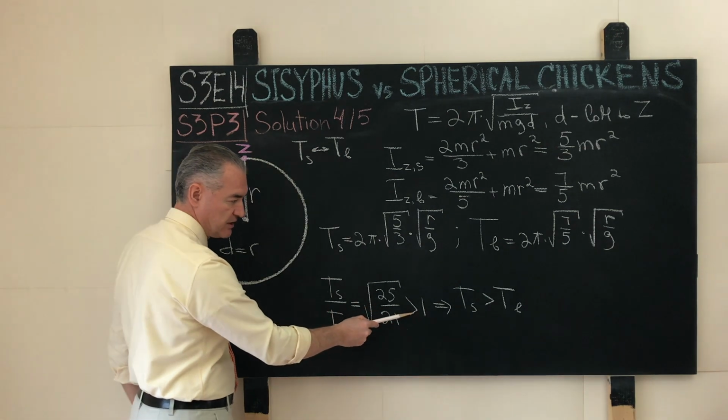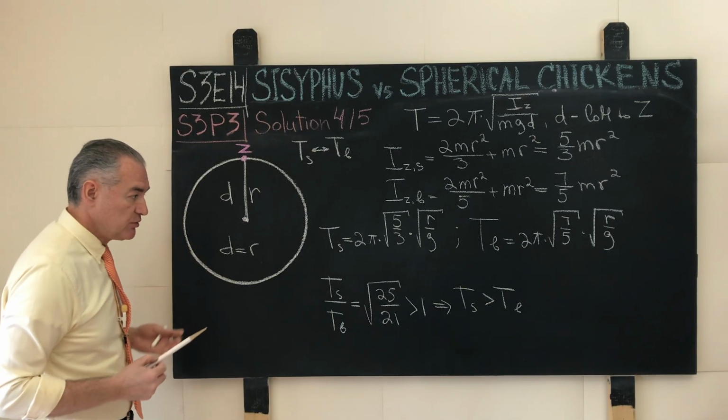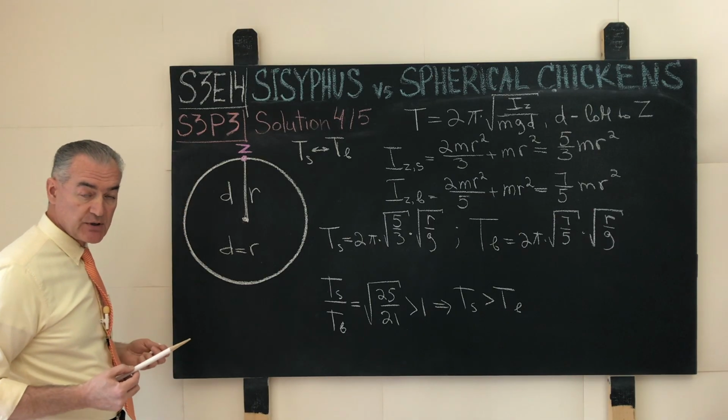Again, the number is strictly greater than 1. It is probably not as pronounced as we would like it to be, but still I hope that practically it is detectable. And the bottom line of this experiment is the following.